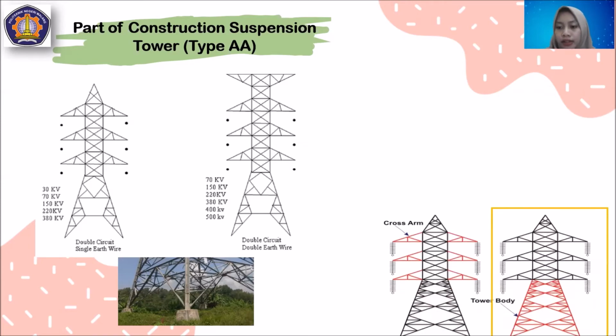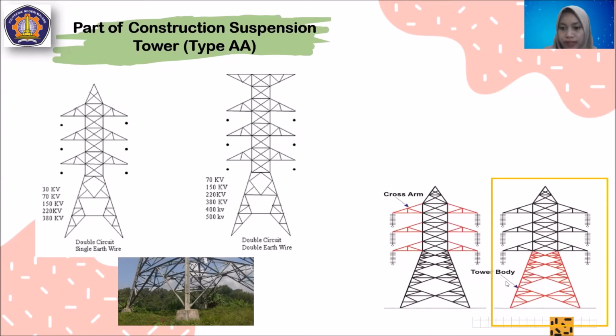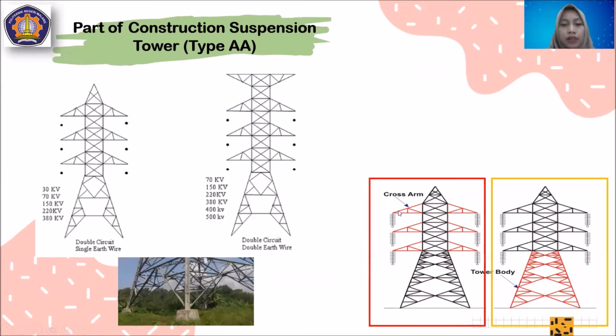And then tower body. This is a tower body. Tower body is the main frame of the tower, which is composed of steel profile. And then cross arm. Cross arm is a place to hang the conductor used to transmit electric power.